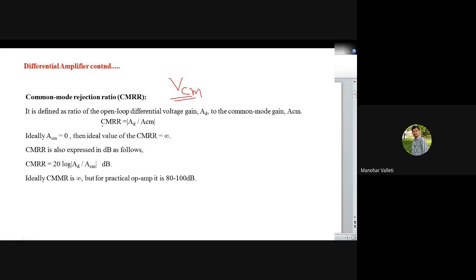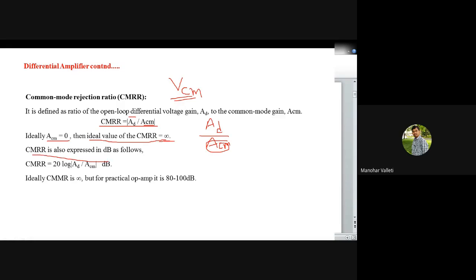So the definition in mathematical form: the gain offered to the differential signal and the gain offered to the common mode signal. So CMRR equals AD by ACM. Ideally, the gain offered to the common mode signal is 0, so the ideal value of CMRR is infinity. AD by ACM, where ACM is 0, that's why CMRR is infinity, the ideal value.